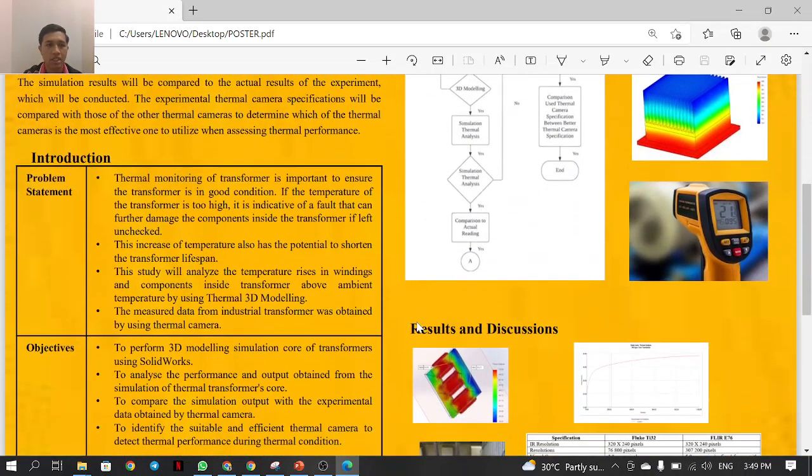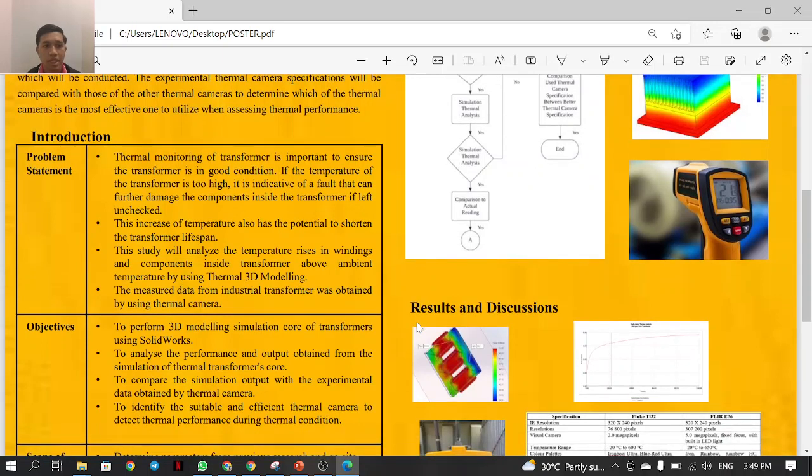For the introduction, problem statement: thermal monitoring of the transformer is important to ensure the transformer is in good condition. If the temperature of the transformer is too high, it is indicative of a fault that can further damage the components inside the transformer if left unchecked.